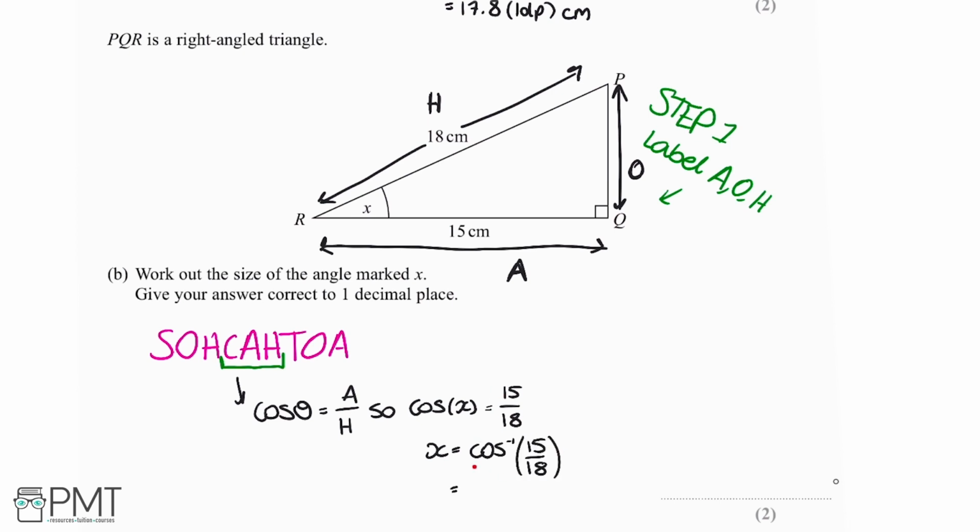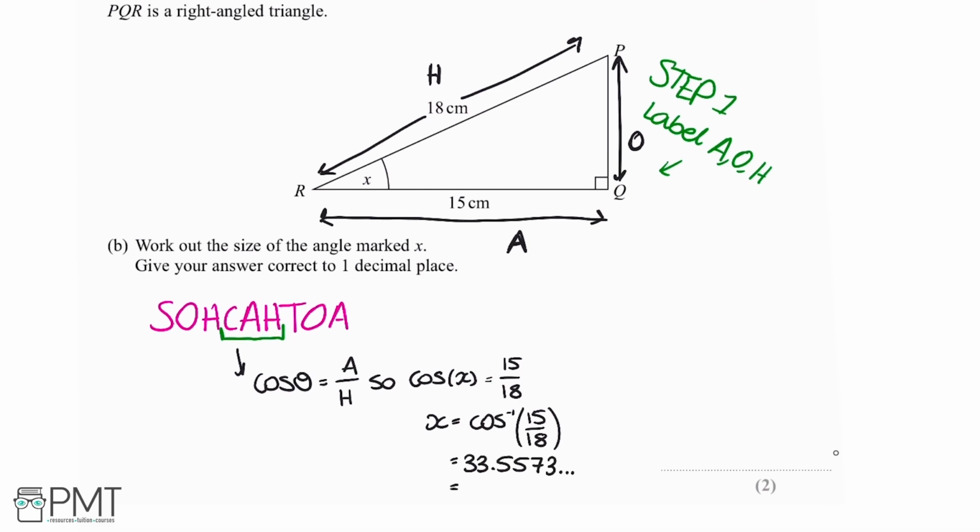And if we put this into the calculator, we get 33.5573... However, again, we want 1 decimal place, so that's going to be 33.6 degrees to 1 decimal place. So the final answer is 33.6 degrees. And again, we're going to get 1 mark here for working, and 1 mark for the correct final answer to 1 decimal place.